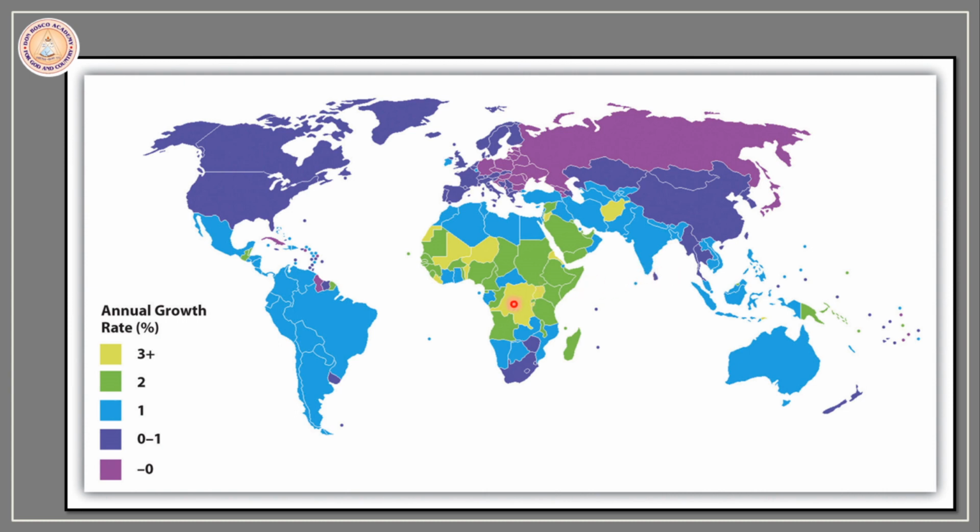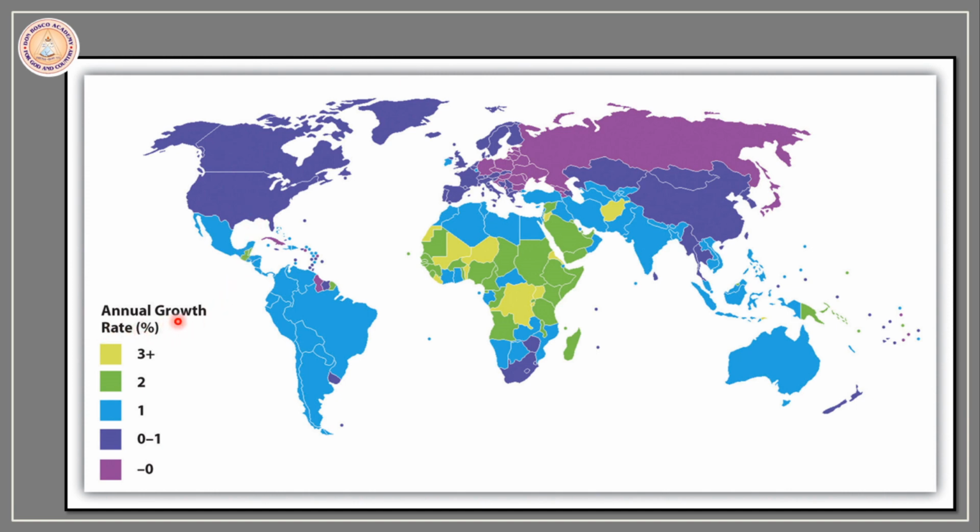This is mainly because people in these countries are not very aware of the need to control the population growth. At present, we find that Africa, Asia, South America, and Australia are experiencing a very high rate of growth of population than Europe and North America.